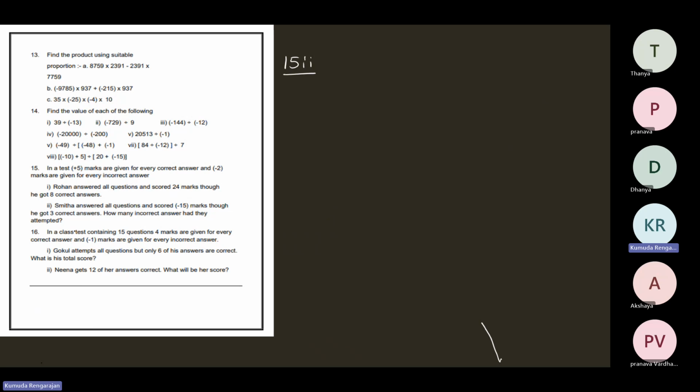And how many correct answers? 3. How many incorrect answers did she attempt? So same procedure. So for Smita, how many correct answers?